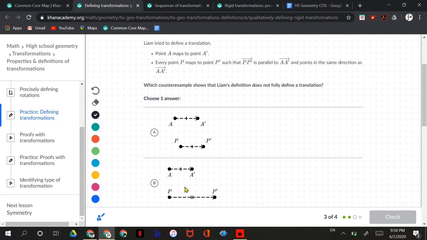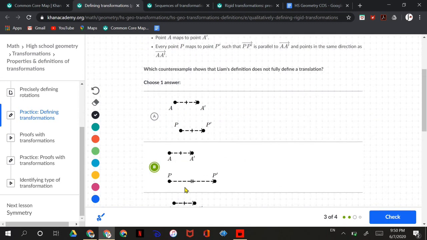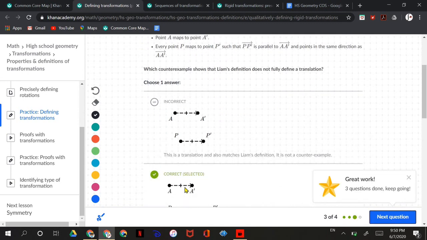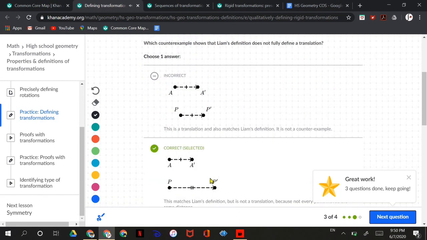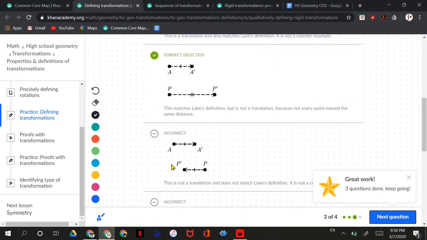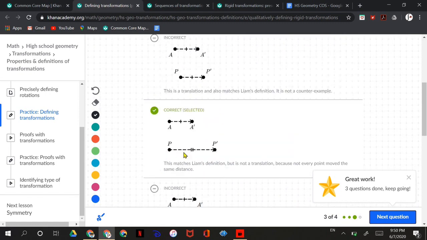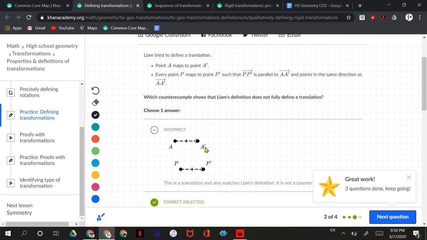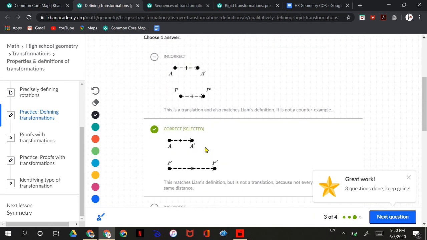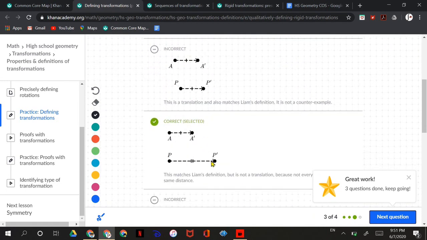It would be this one, because this person says that they have to be facing in the same direction, so this would not work. This is a translation, and it also matches his description, but he doesn't say that they have to be the same length.